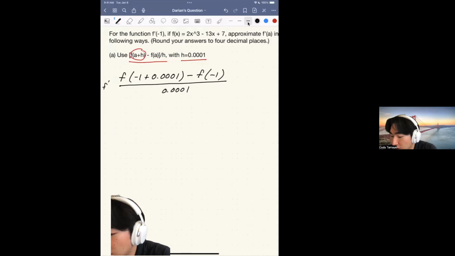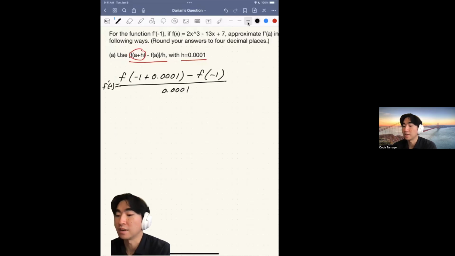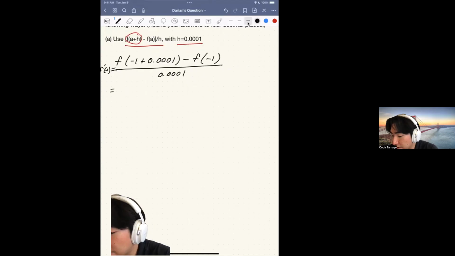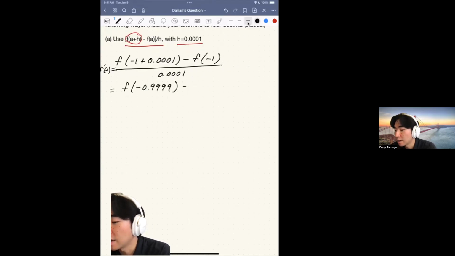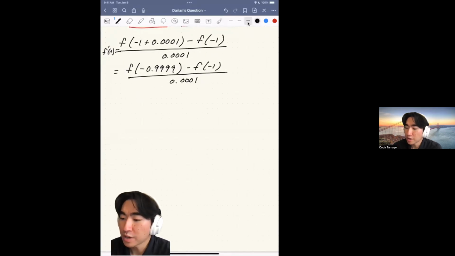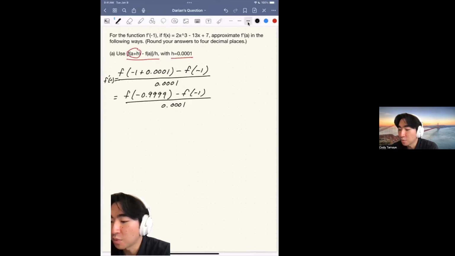And this is equal to our approximated value of f prime of -1. We know that this top value is going to be f of -0.9999, minus f of -1, over this value here. So we can plug in this value of -0.9999 into our function.